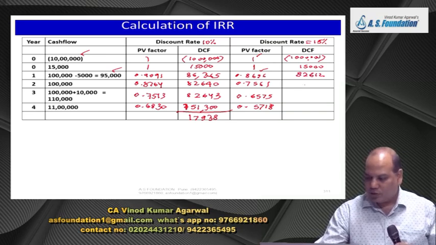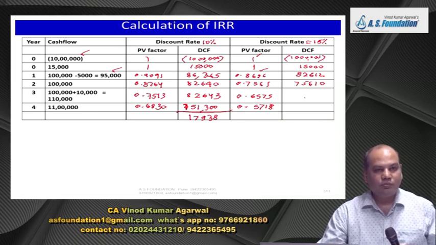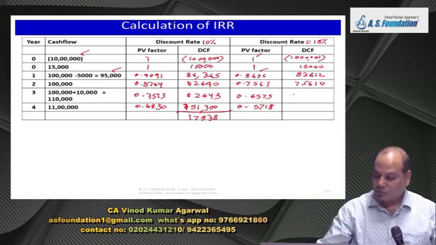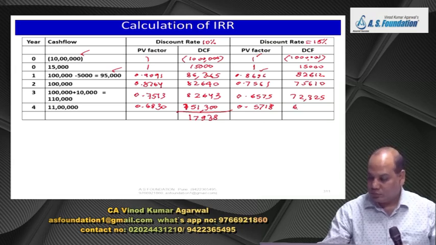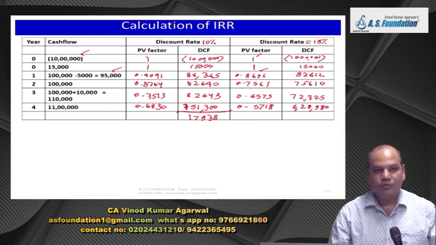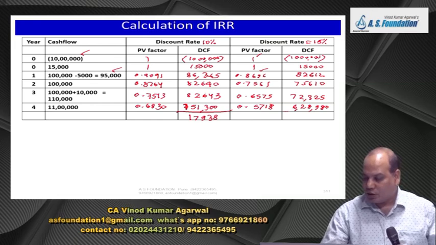82,612. No problem. Come on. Next 75,610. Okay. Next one, 72,325. And then last one, 6 lakh 28,980. 6,28,980.